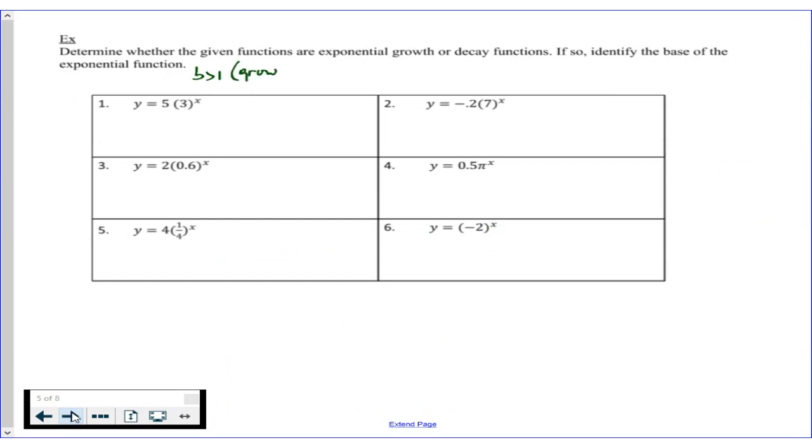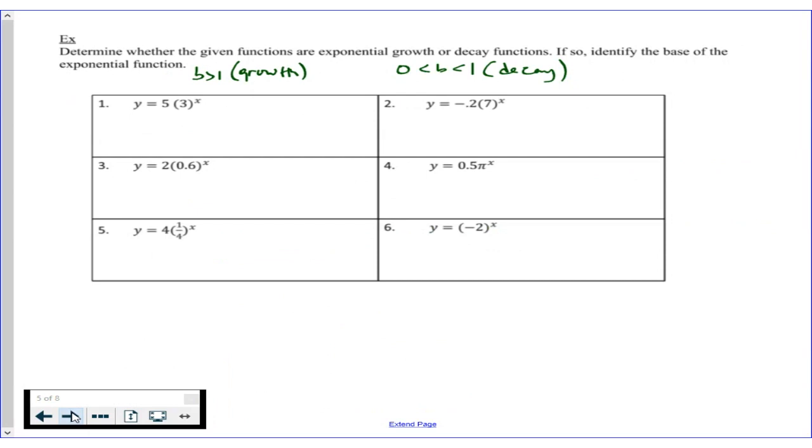For 0 less than b less than 1, we have decay. Determine whether the given functions are exponential growth or decay functions. If so, identify the base of the exponential function. So we are going to identify the base also.